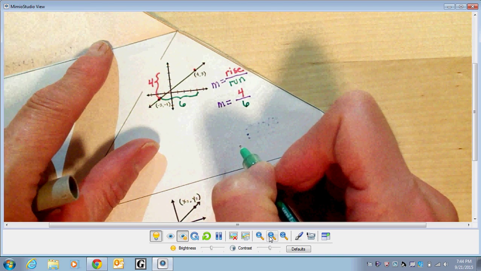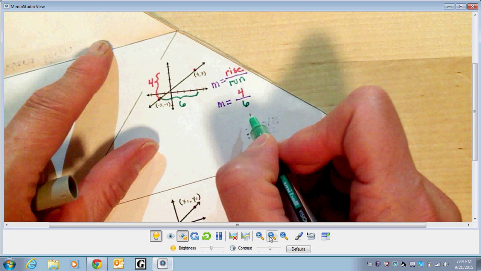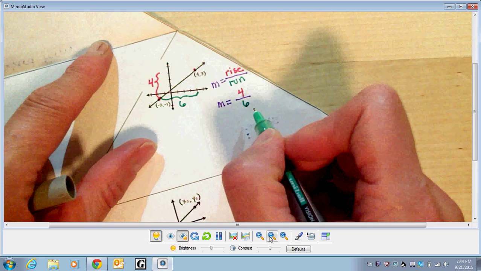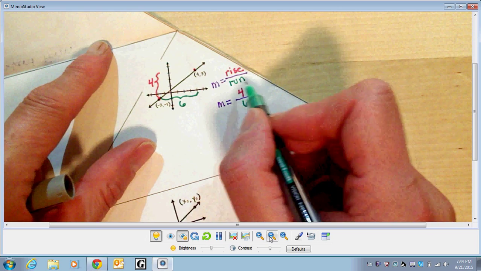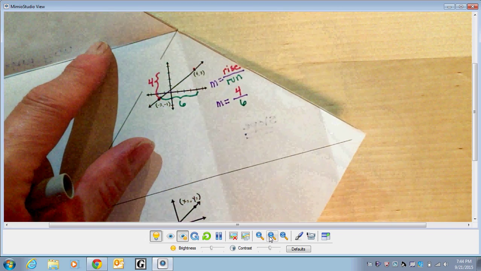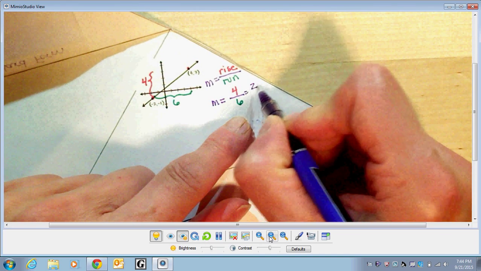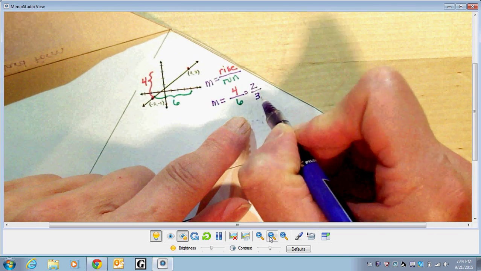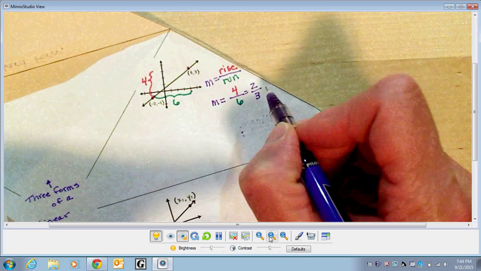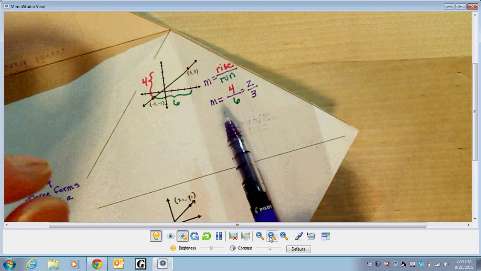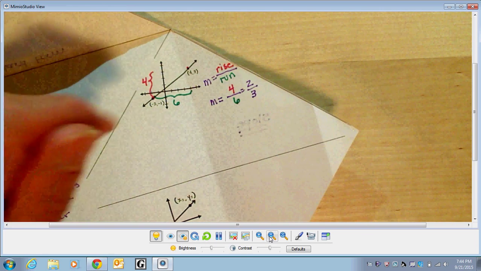Okay, so when we're looking at this, we should be able to tell that we could actually reduce this if we wanted to. So if we were actually going to figure out the final slope, that would be reduced to 2/3.